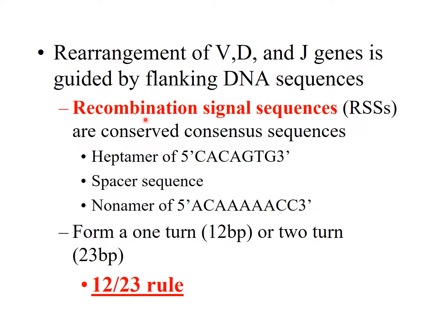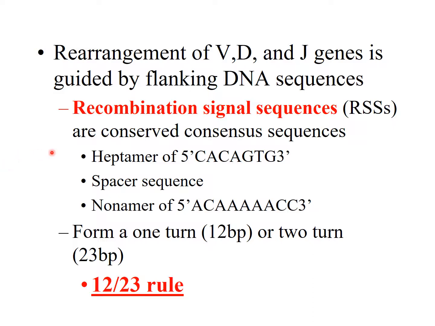These are what are referred to as recombination signal sequences, RSSs. These will allow for the different regions between the genes, between the domains, to interact and allow for the recombination to occur.